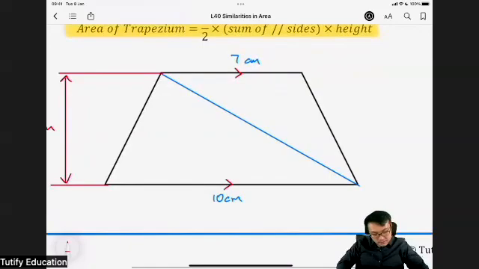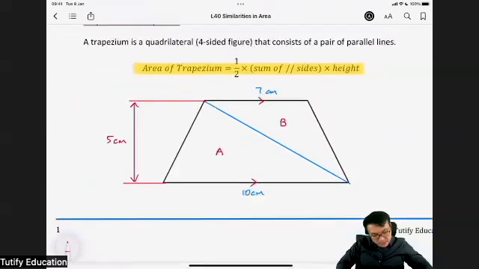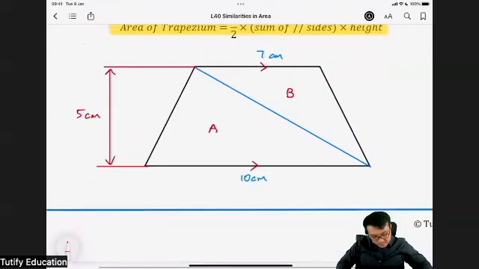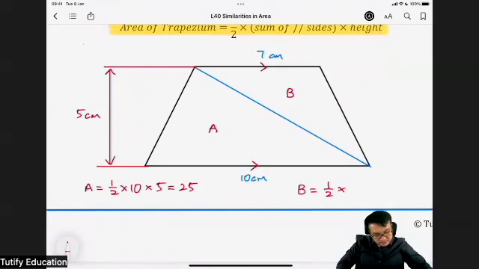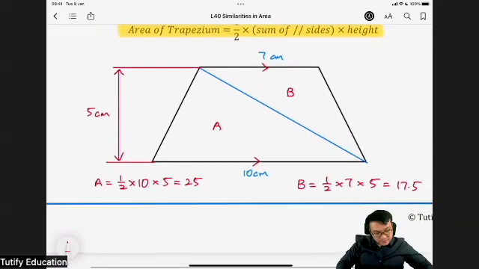Okay, can you help me to find the area of triangle A, Kate? Triangle A is half times the base times the height, equals 25. Very good. Let's find the area of triangle B. And then we have half times 7 times 5, okay, the base is 7, equals 35 times half. 35 divided by 2.